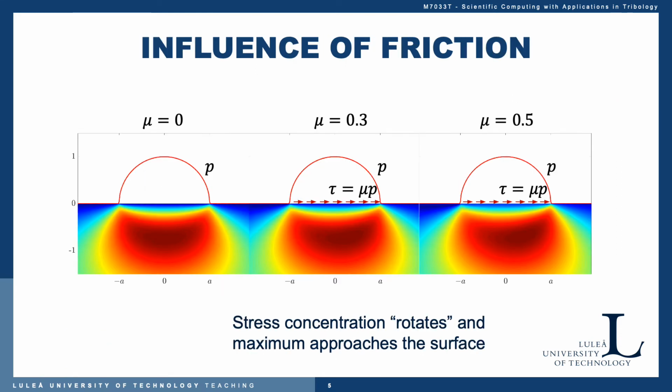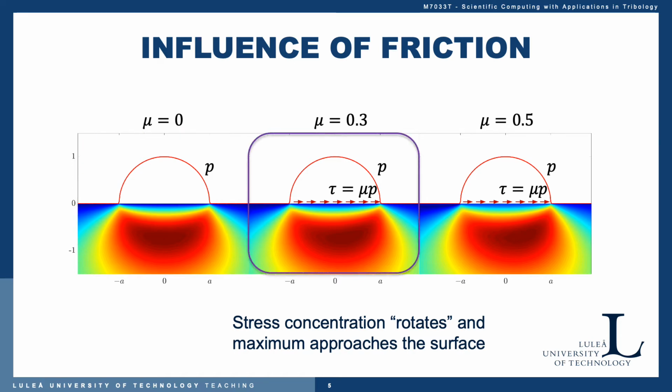What happens when we add a little bit of friction can be seen here. On the leftmost figure we have zero friction, the case that we saw before, and now we see the color map of the shear stresses below the surface. We see the characteristic that it has a maximum at approximately half of a Hertzian radius.